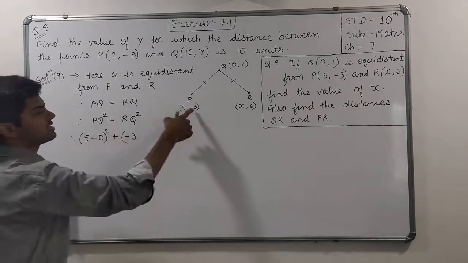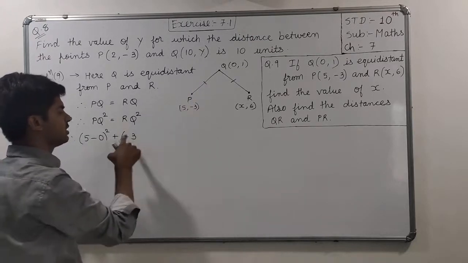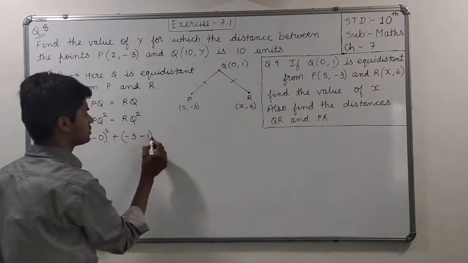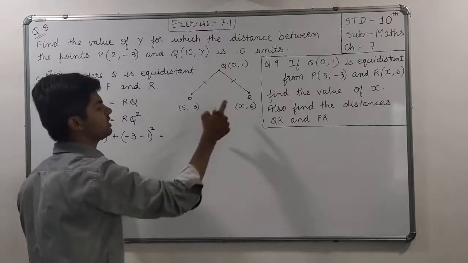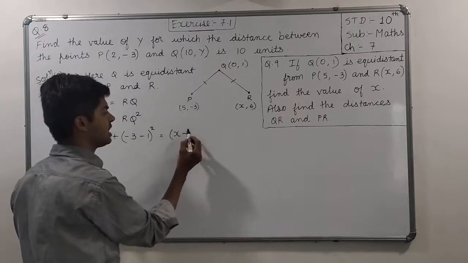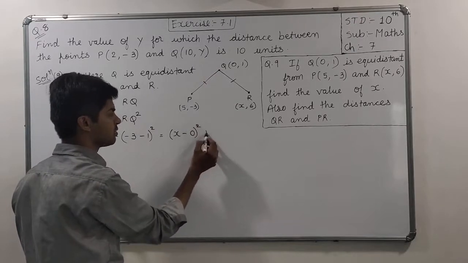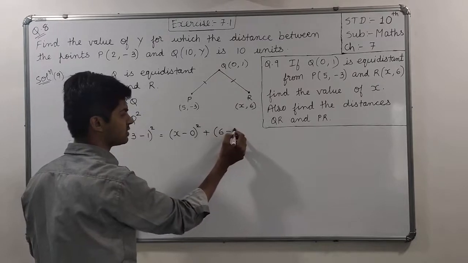PQ square, Q का second minus second, sorry. P का second क्या है minus 3 minus Q का second क्या है 1, whole square is equal to RQ square. R का first x minus Q का first 0, (x minus 0) whole square plus (6 minus 1) whole square, right?